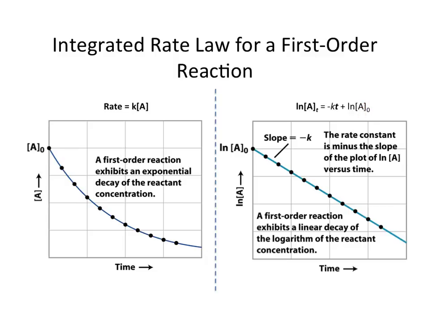When you graph the natural log of A versus time, the result is a linear fit, whose slope equals negative k. As you can see, your integrated rate law is in the form of y equals mx plus b. And this is actually really useful for determining concentration at various time points.